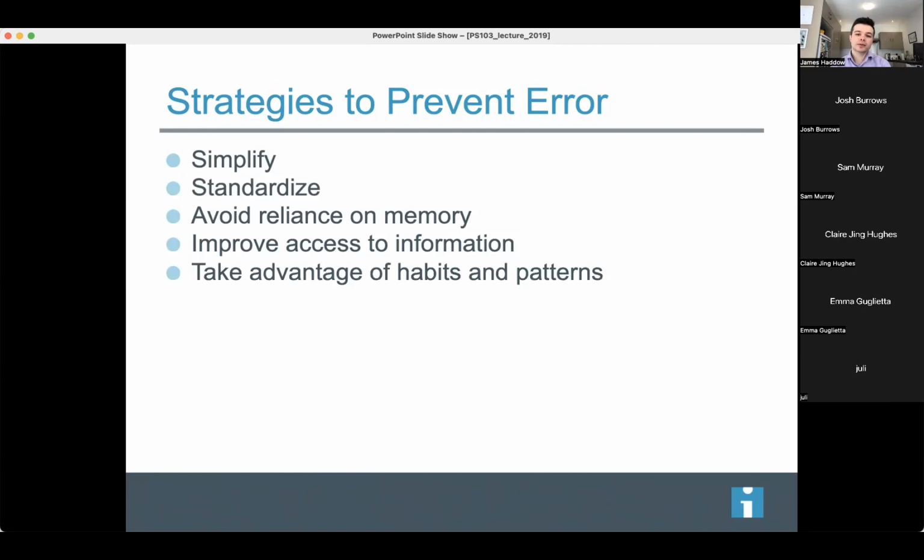Taking advantage of habits and patterns. So one thing is in terms of habits and patterns, if you link things together, so like you do this and then you do that, and then you link the two actions together, now that becomes a habit of doing one directly after the other.